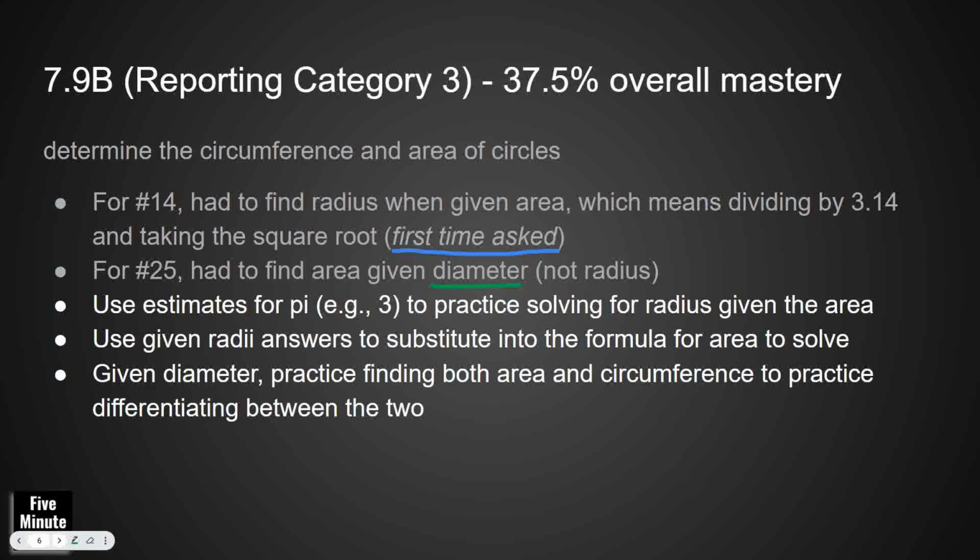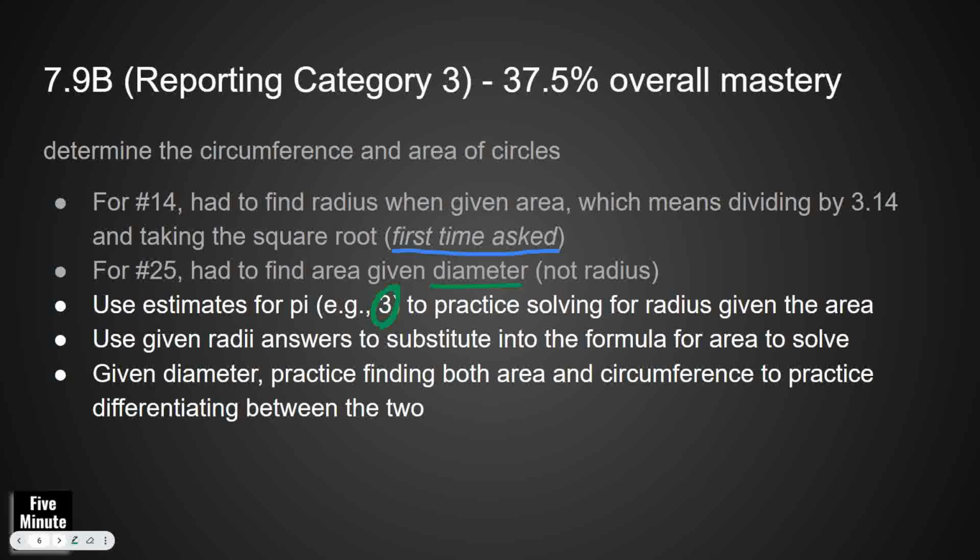Now, what can we do as educators to better help our students? Well, we can use estimates for pi, like 3, and we can practice solving for radius given the area, right? And so we can start with more friendly numbers, right?